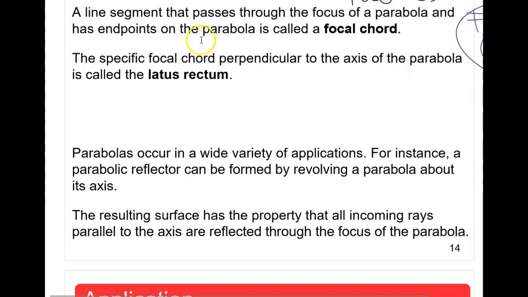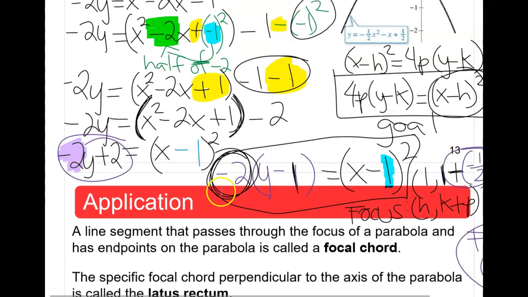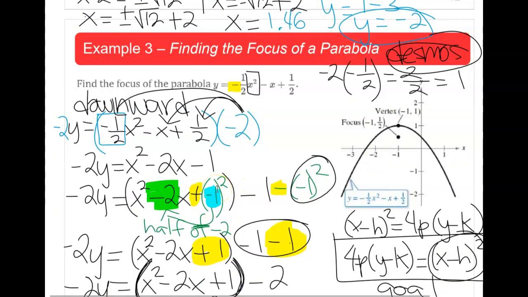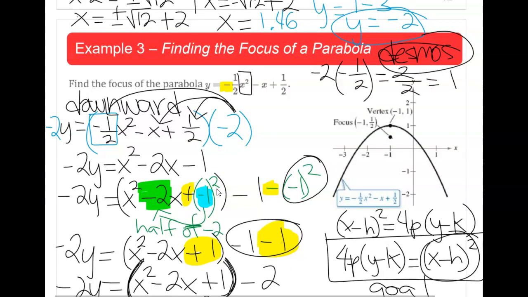One of the applications will be a line segment that passes through the focus of a parabola and has endpoints on the parabola. It's called the focal chord. So sorry, not an application, but another definition. So if, for example, on this parabola here, we were connecting a point here passing through the parabola, through the focus, that will be a focal chord.